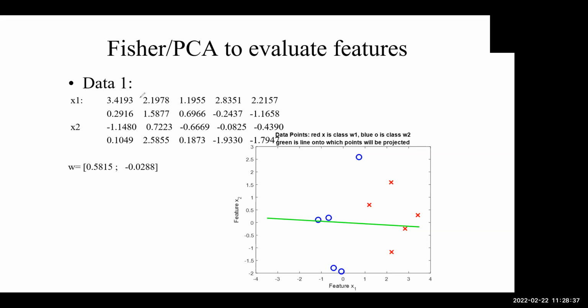And if we take these points and plug them in, we're going to get an optimal projection vector of 0.58 and negative 0.02, which kind of tells you what your slope is here. 0.58 that way, 0.2 this way with a negative slope.